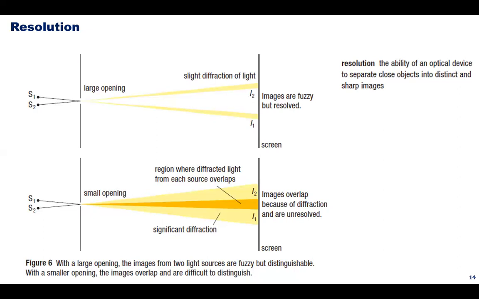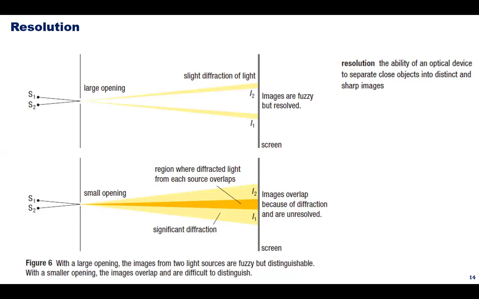When light from two objects passes simultaneously through the same opening, the light from both sources is diffracted. It produces overlapping diffraction patterns, and the images appear fuzzy.